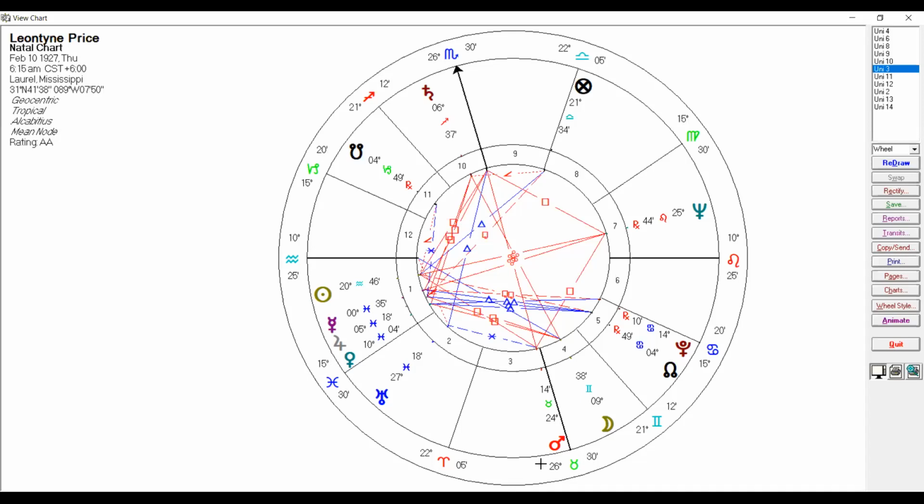She rules one of the angles. She totally, in my opinion, makes a great example of this particular rule of coming out of combustion, of what they were just talking about. All of these planets would be viable. Interesting, huh? We're going to look at Judy Garland next, because that's another one that does something similar.